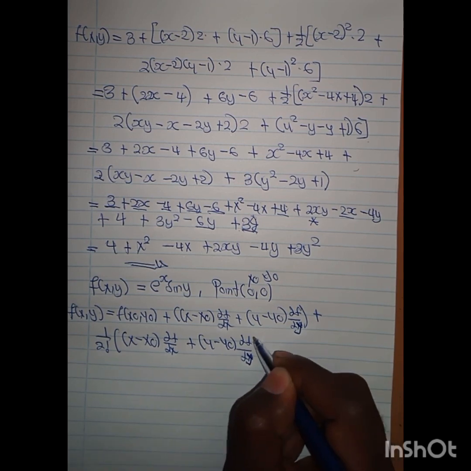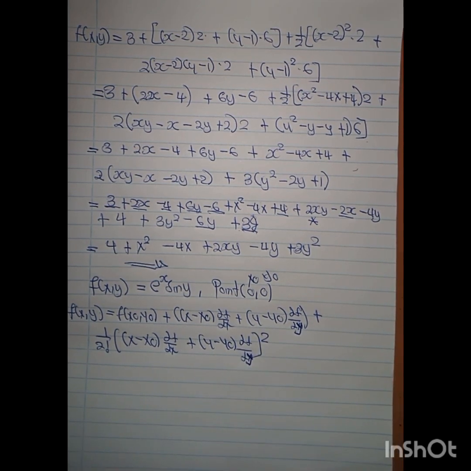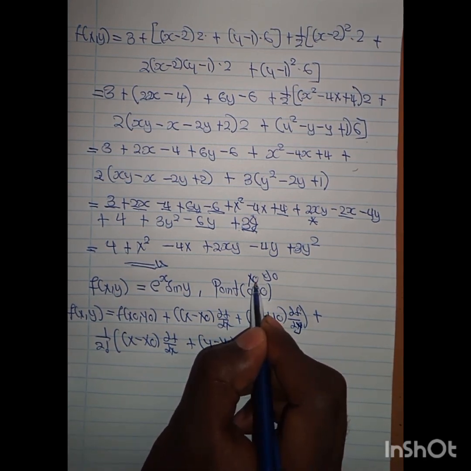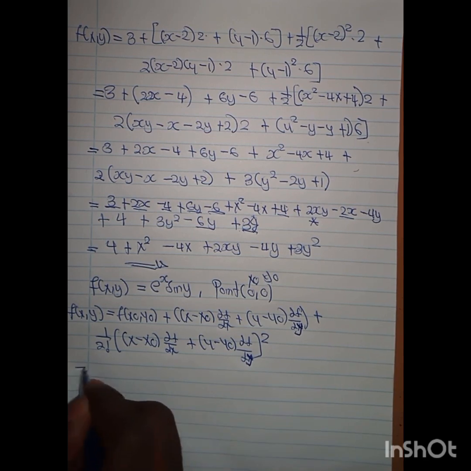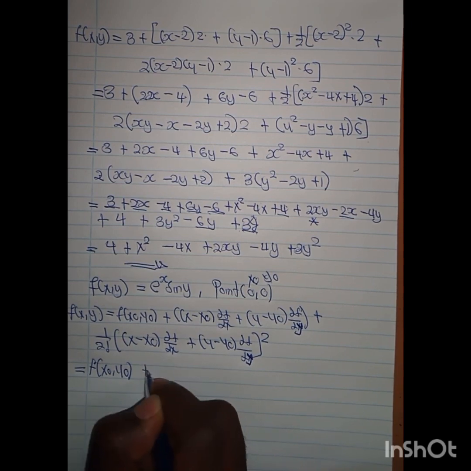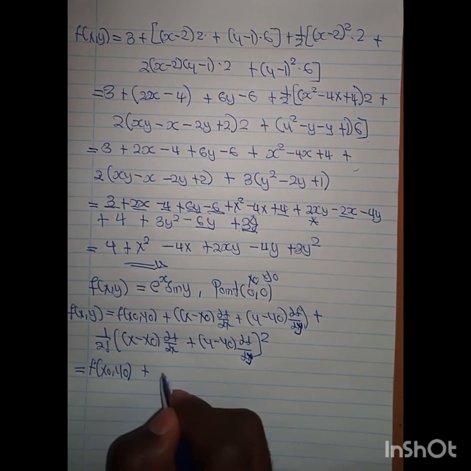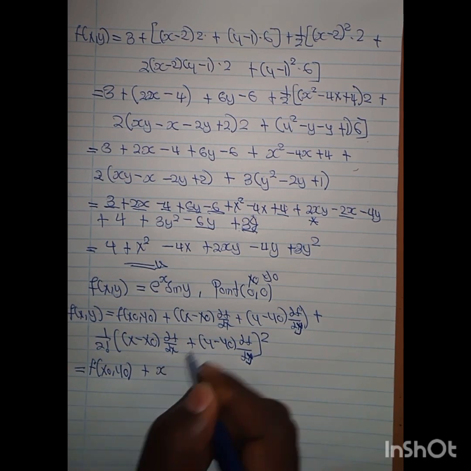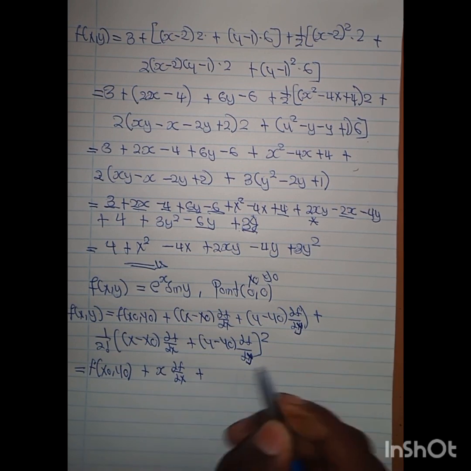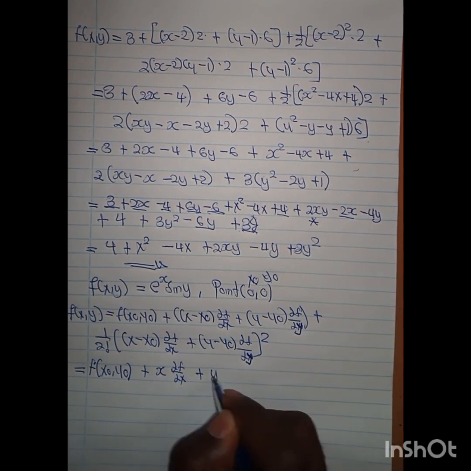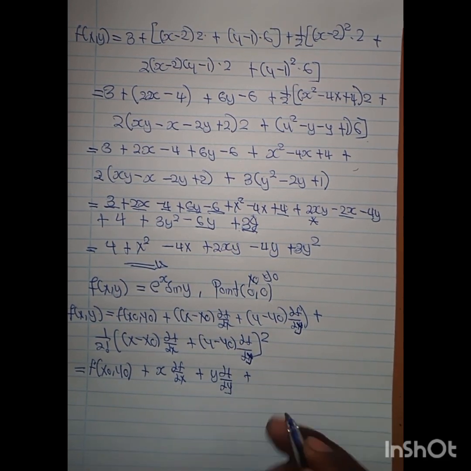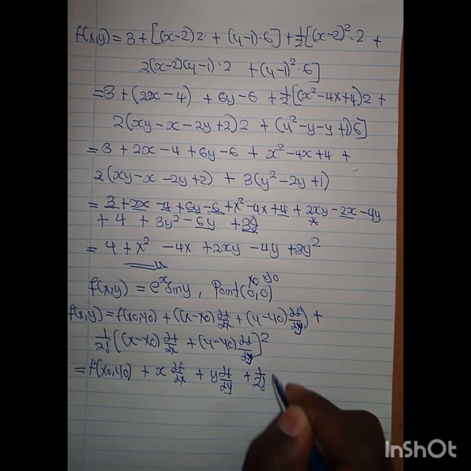So this will be all squared for second order. But take note, x naught is a 0 and y naught is a 0. It follows that we have the following equation: f of x naught, y naught plus, if this is a 0, it means we'll have x df dx plus y naught is a 0, we have y df dy plus 1 over 2 factorial.